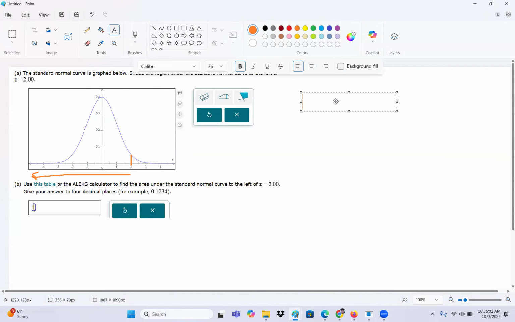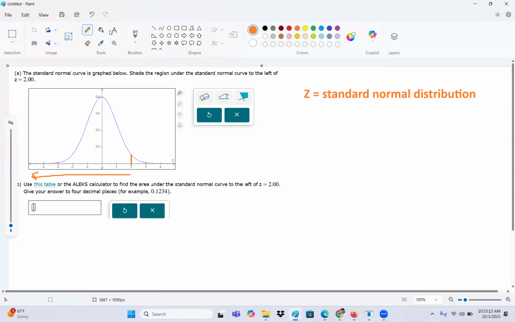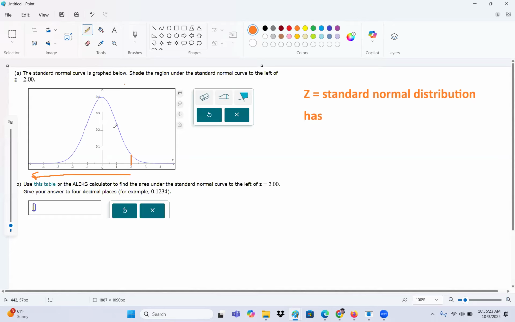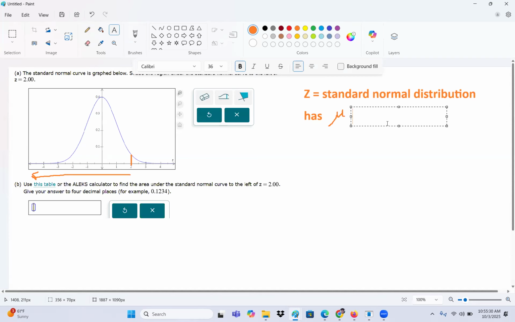The Z represents the standard normal distribution. The standard normal distribution has the mean equal to 0 and the standard deviation equal to 1.